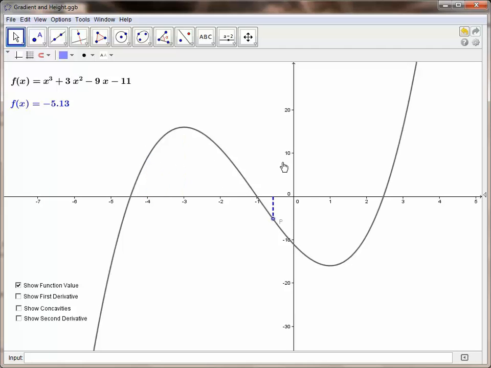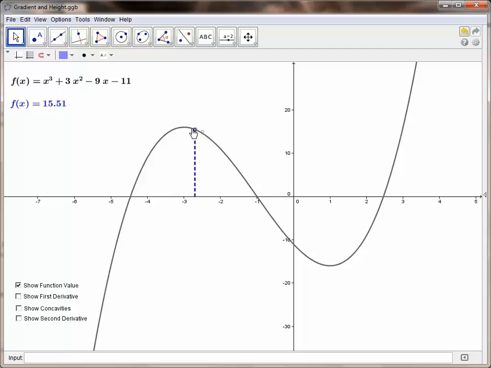Similarly, if I came right over here to the right-hand side, we'd see that in this area, that number is positive. If I take P below the x-axis to somewhere around here, we can see that the function value is negative. It's below the x-axis. So in this region here, we're getting all negative values of f of x. And over here, we're getting negative values of f of x. And that makes sense because this f of x, remember, is the y coordinate of P.